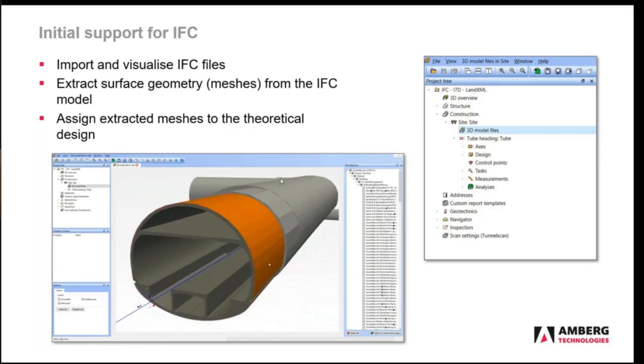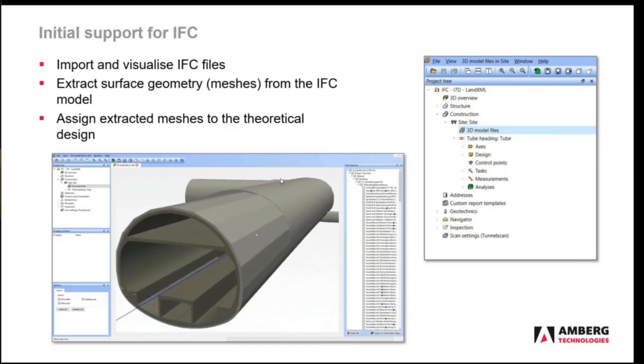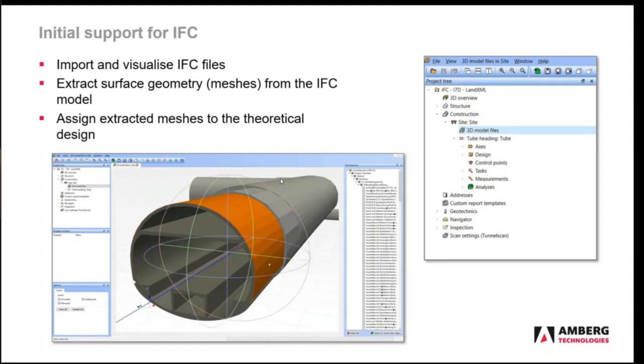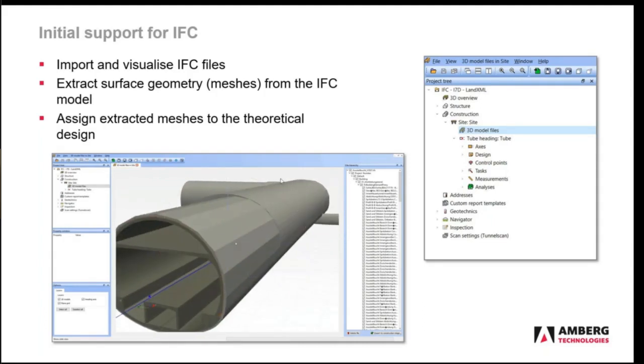So it's primarily focused on the import of IFC and using that geometry without recreating the theoretical design in Amberg Tunnel. Because as we all know, the time and effort and sources of error associated with trying to recreate a design.